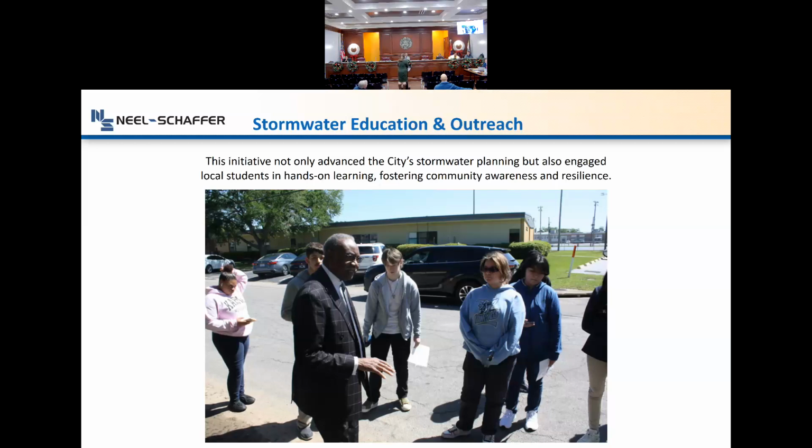Or we had some that said, I didn't even know that there was an inlet along our street because it's just been covered by dirt for so long. And so that was really great to see that they had taken the things that we had talked about and put them into use. And it was really, really helpful for us as engineers to see some of the things on the ground that we were working with.